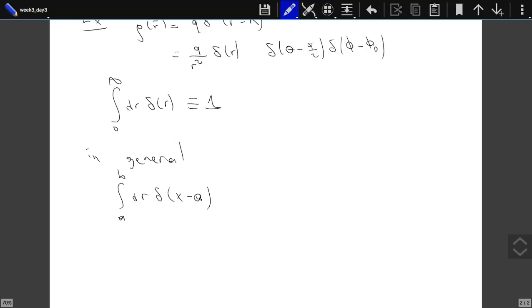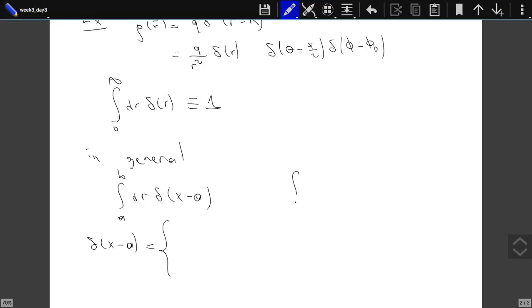The Dirac delta is on the boundary. Well, you should look at it as a limit. But which limit? For example, instead of a and b, a plus epsilon, a minus epsilon, then the limit as epsilon goes to 0.